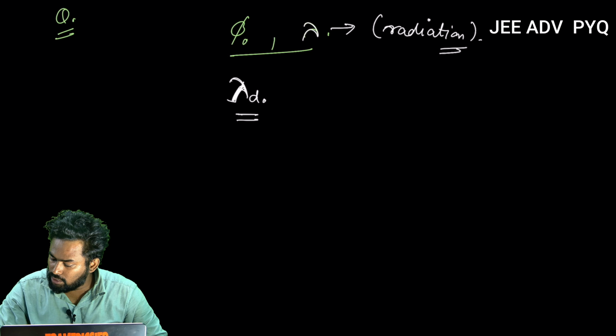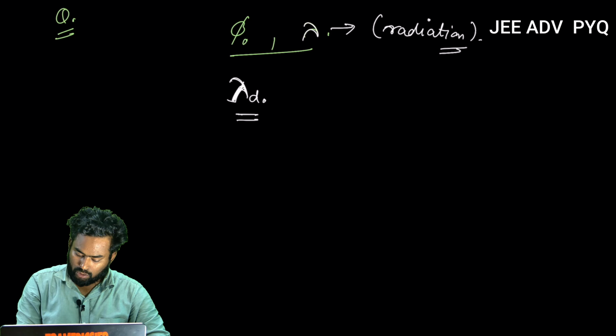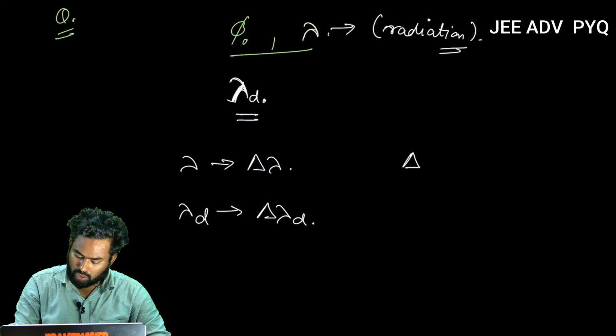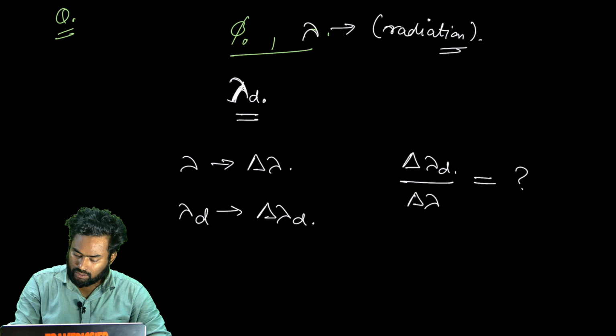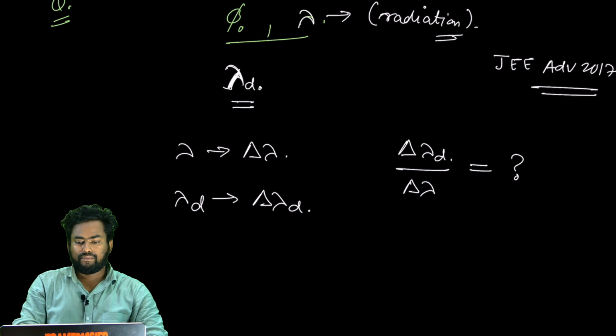A change in wavelength of the incident light by delta lambda results in a change delta lambda d in lambda d. So if lambda changes by delta lambda, then lambda d will change by delta lambda d. So what is the ratio of delta lambda d upon delta lambda? Okay, it is a JEE Advanced question, 2017. Okay, let's see then.